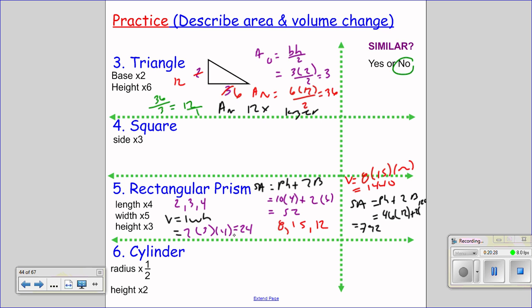So, are these similar? No, they're not similar because the dimensions were not manipulated by the same scale factor.